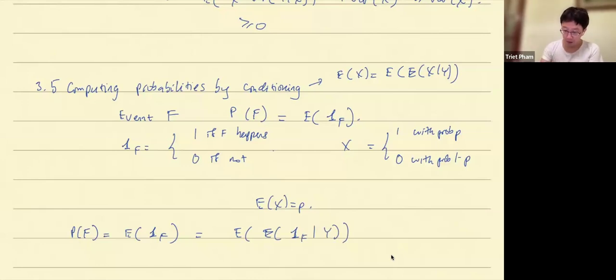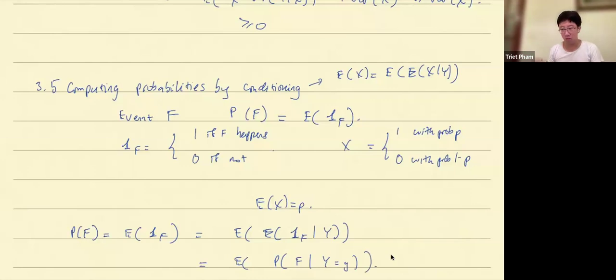A lot of times, probably this guy is another indicator function itself, like the indicator of Z, whatever. But it doesn't have to be. The moment you call this a random variable, you can condition on any other random variable. But a lot of times, this can be called the conditional probability of the event F given the random variable Y. Whatever, things like that.